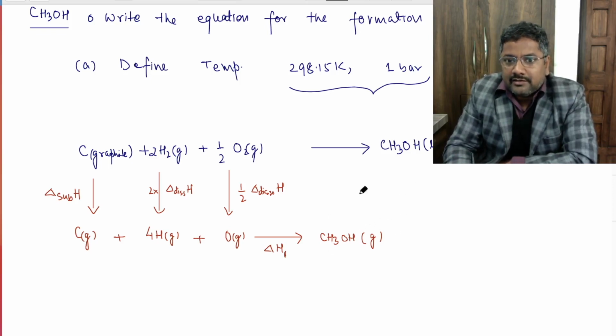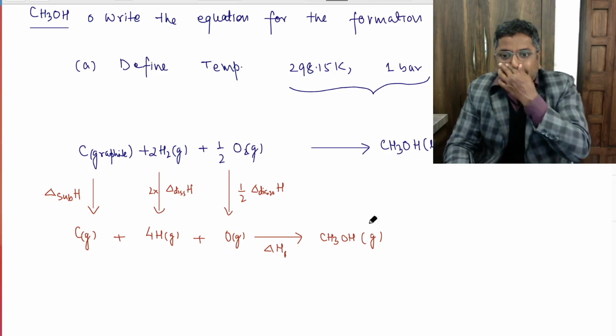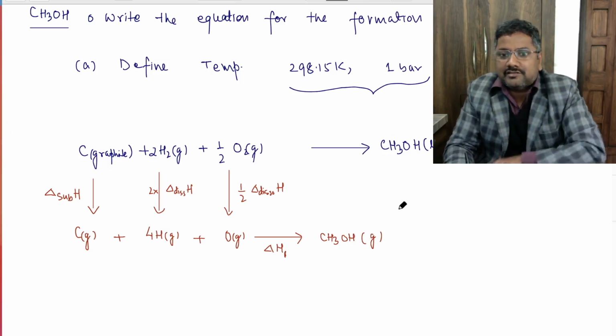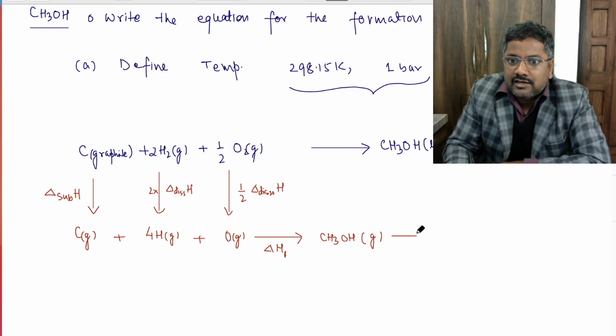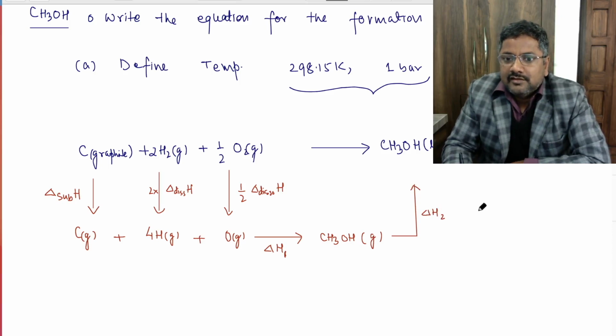Now your methyl alcohol is formed. Now you have to bring the whole product to this stage. So in this way, you have to cool. The phase transition will take place. There is some energy change at this step also, and definitely this is negative.